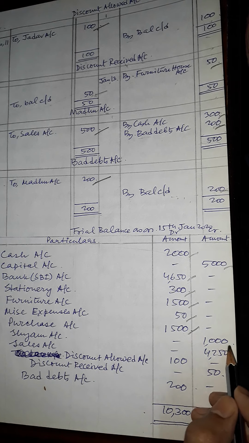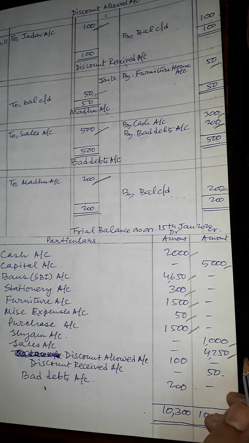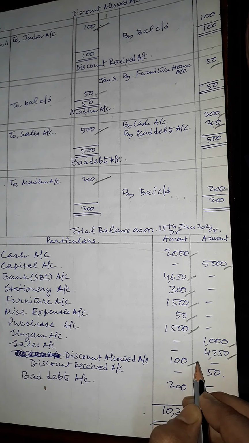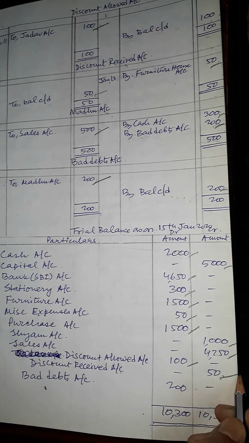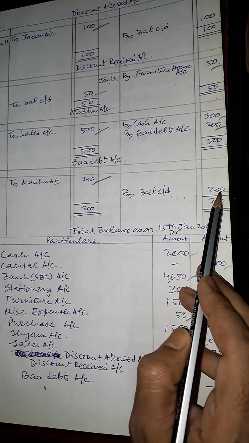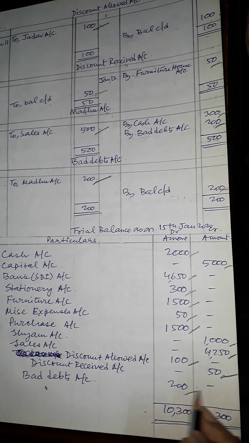Shyam account 1000 credit balance. Sales account 4250 credit balance. Discount allowed account 100 rupees debit balance. Discount received, one sort of gain, it is credit balance 50 rupees. Bad debts account is one sort of loss, it has got closing balance in the credit side, so it is a debit balance. Bad debts account 200 debit balance.